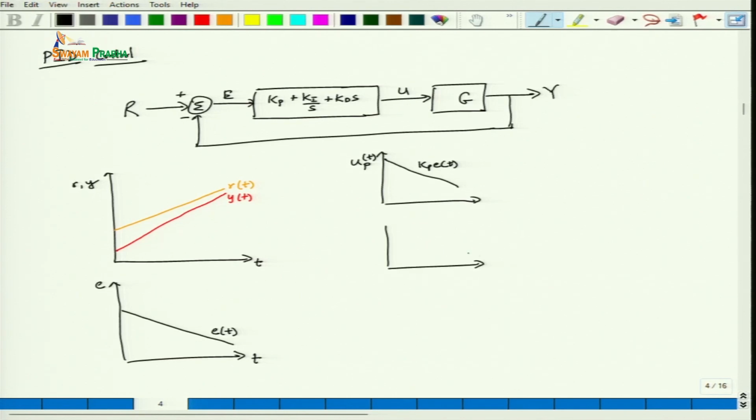Next we'll consider the integral part, where it will start from here and go to some value. So this is the integral of the error multiplied by a constant, and this represents the portion of the control input which goes to integral.